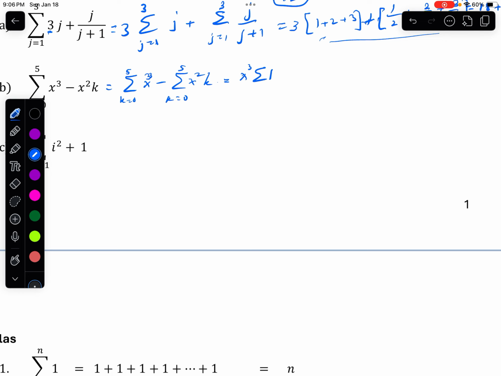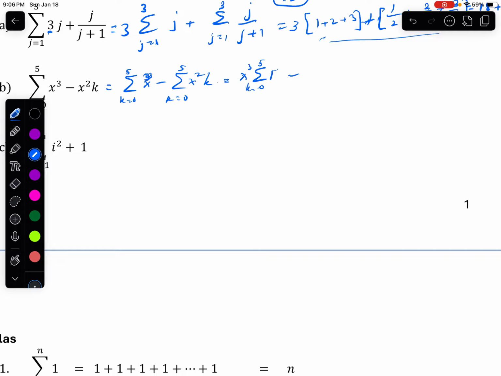So what is left here? Nothing, right? But nothing is sometimes 0, nothing is sometimes 1. In this case it will be 1. Why? Because I can write it as x cube times 1. So x cube is out, so I am left with 1 here. K is going from 0 to 5 and then minus. Now can I pull something out in front of the summation sign?